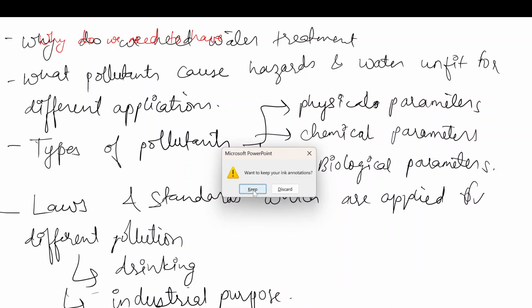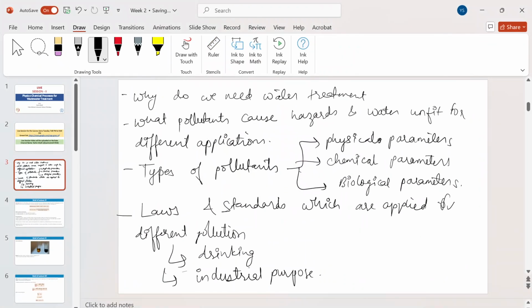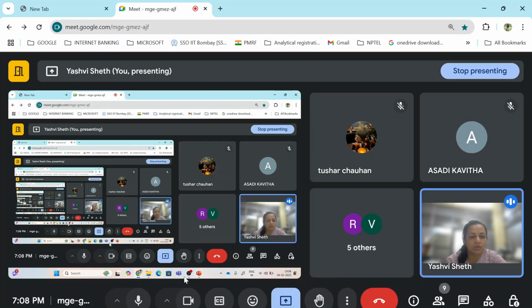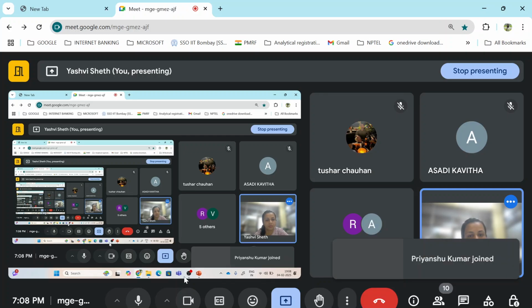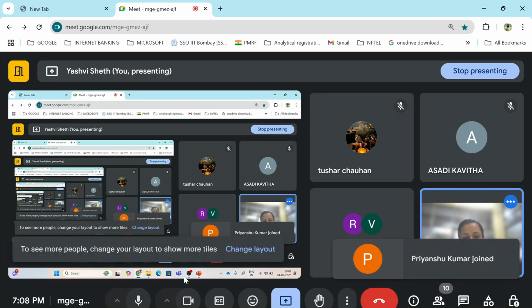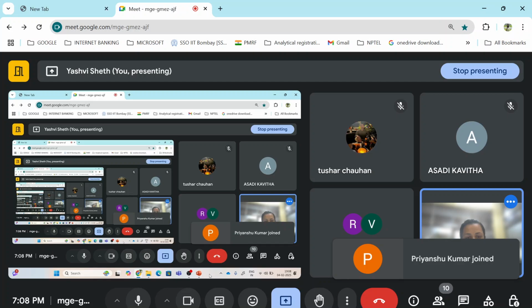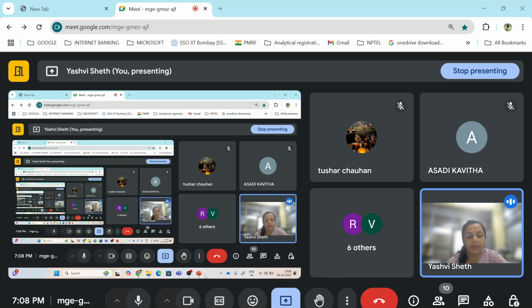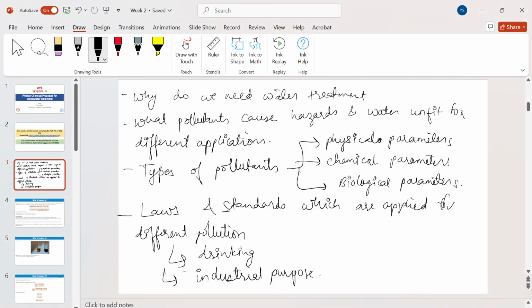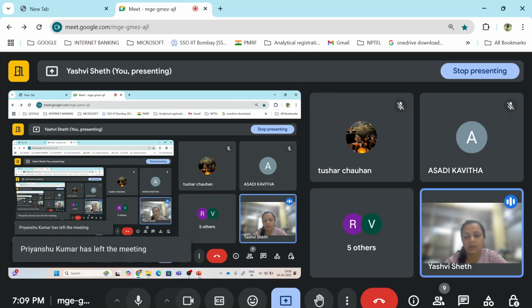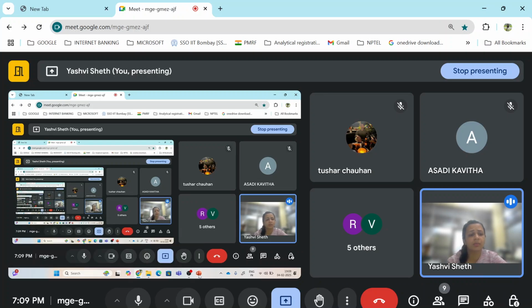Now, if you have any doubt so far, otherwise we will move to the further slides. Let me ask a few questions on the last class. Can you name a few physical parameters and chemical parameters in water?